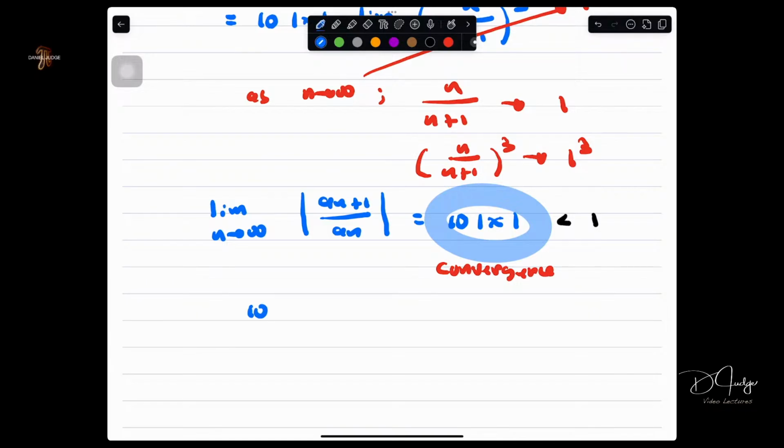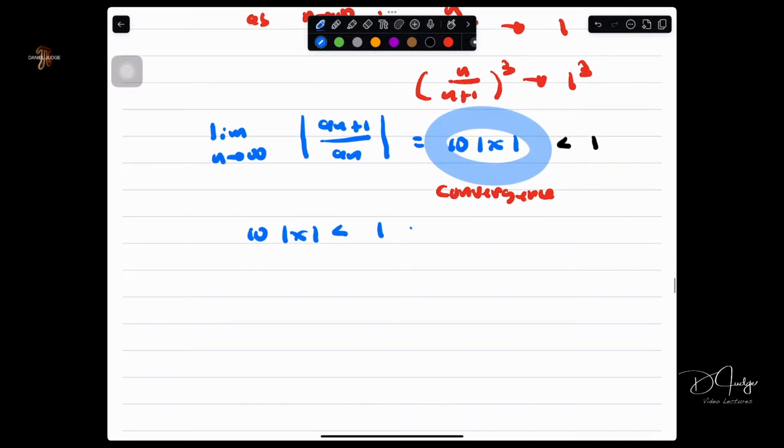What that means is 10 times the absolute value of x should be less than 1, which means the absolute value of x is less than 1/10. And by definition, this is negative 1/10 less than x less than positive 1/10. This is the interval of convergence. This is what we're looking for.